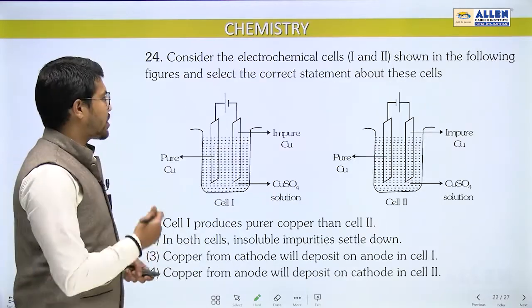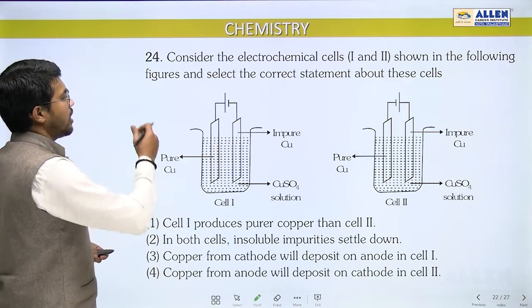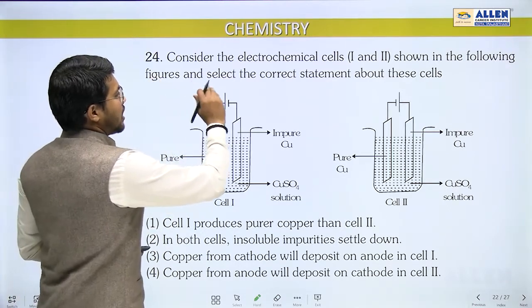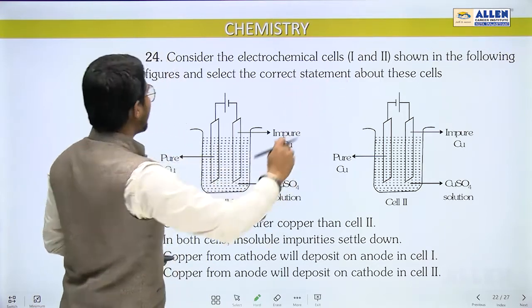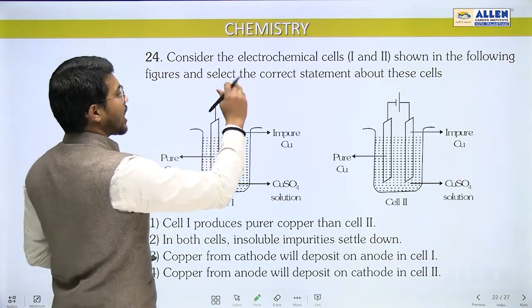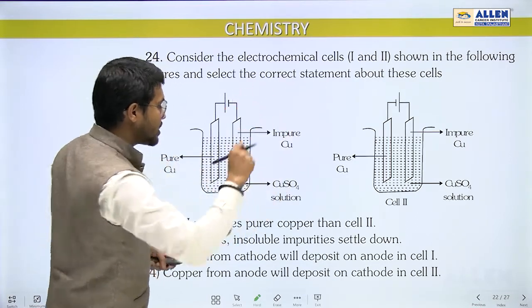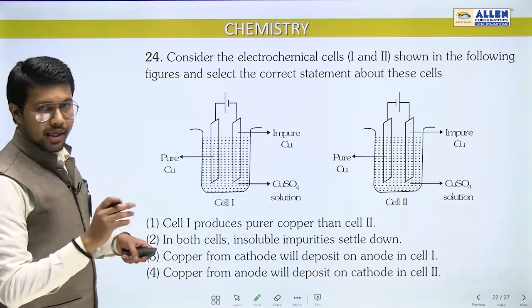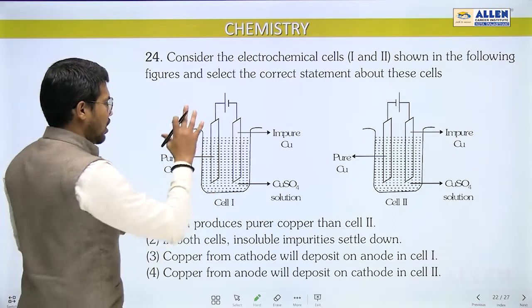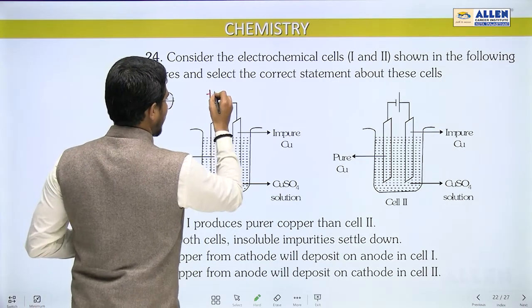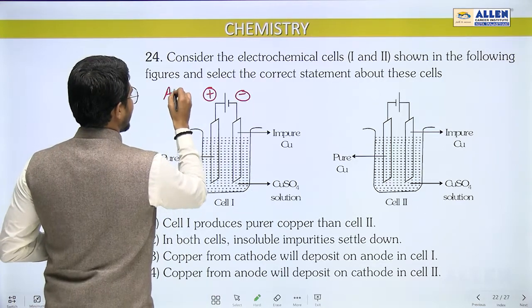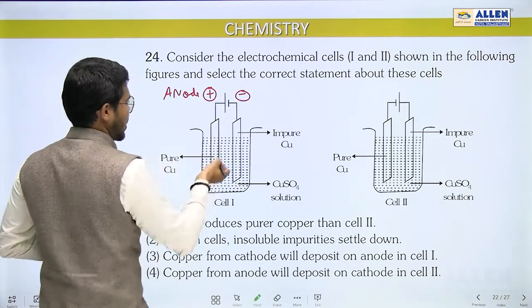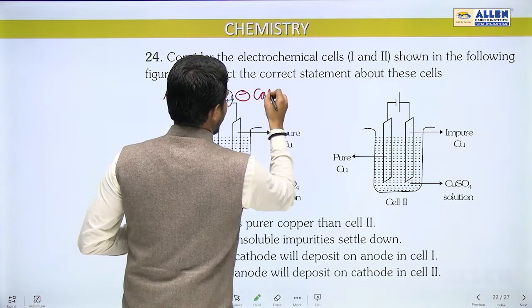Students, here is our next question, and that is the 24th one. It is saying, consider the electrochemical cells 1 and 2 shown in the following figures and select the correct statement about these cells. First of all, we'll mark the cathode and anode in these two cells. This is the positive terminal, so we'll say this is anode in this particular cell and this is cathode.